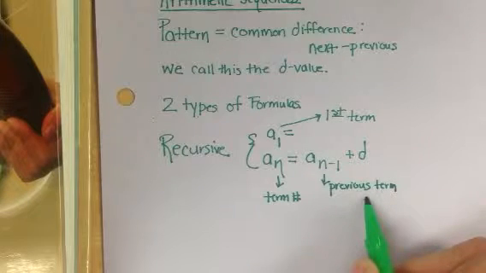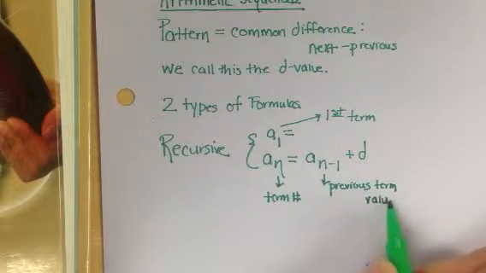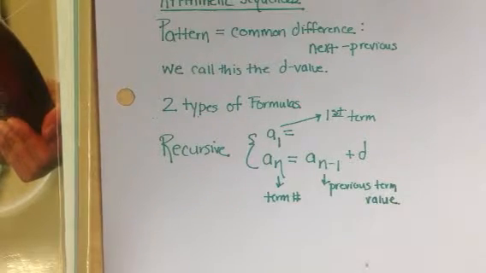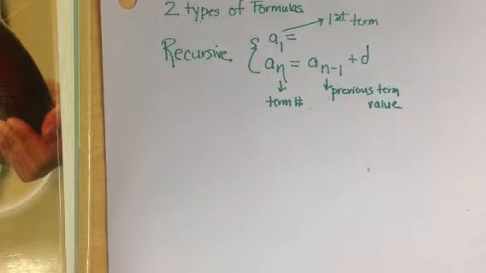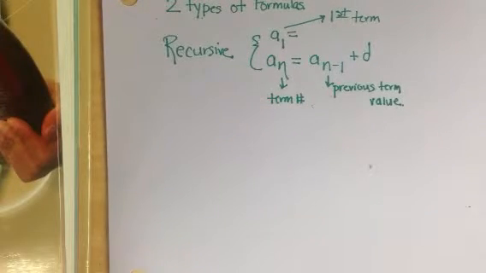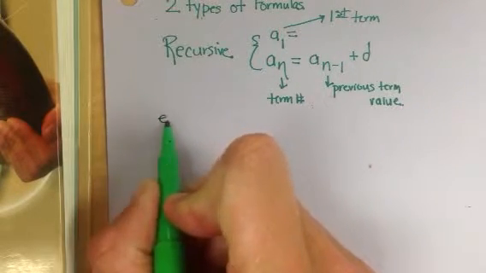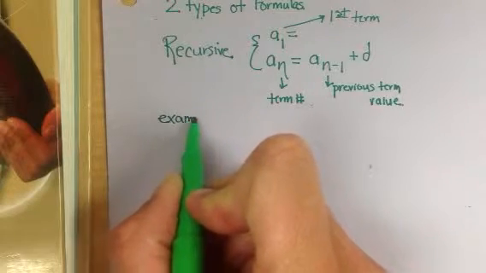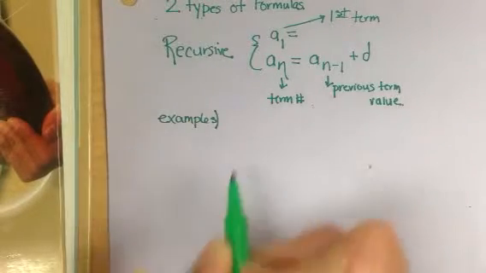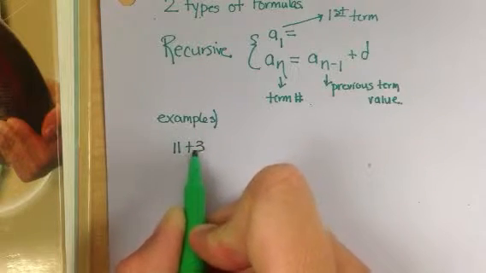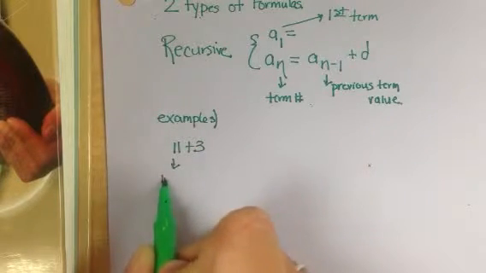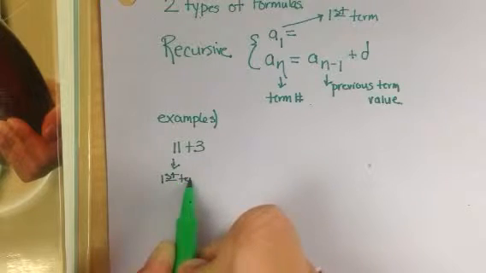Or we can think about from last week, a sub n would be like our output value that we got from our previous input. Here's some examples of how the recursive formula works. Let's say you have 11 plus 3. We're going to call 11 the first term.